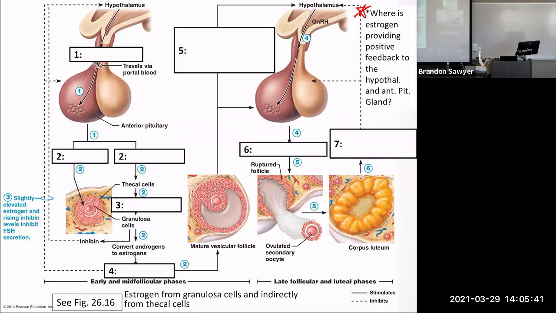So it comes from the anterior pituitary gland. Yeah, the granulosa cells release.